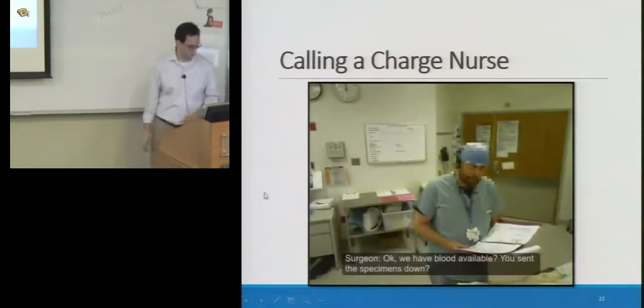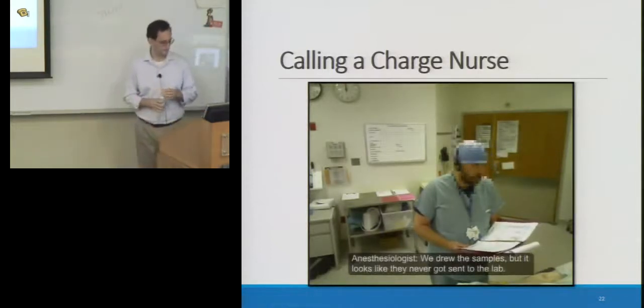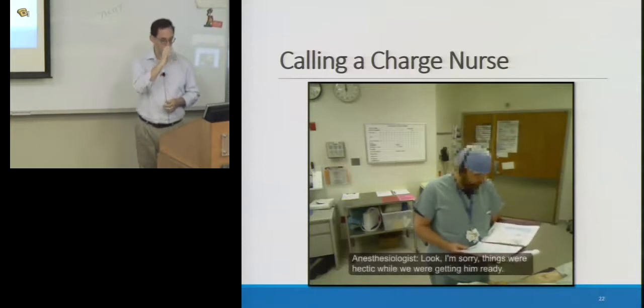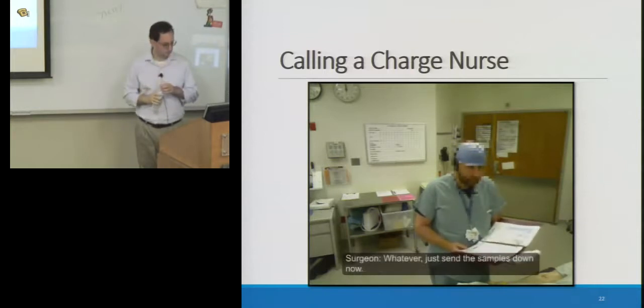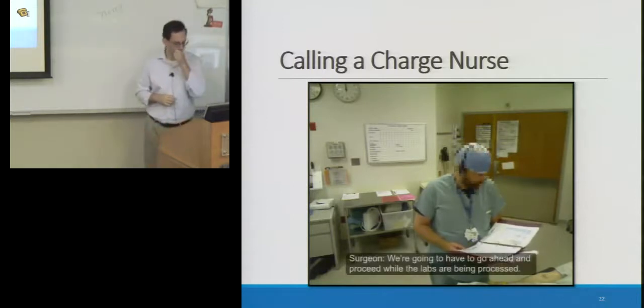Okay, we have our over. You sent the specimens down. We choose the samples, but it looks like we're going to go into the lab. What? Are you kidding me? You didn't send the samples down. What were you doing? Well, I'm sorry. You had to. I was reminded. Whatever. Just send the samples down now. We're going to have to go ahead and proceed how the lab is being processed.